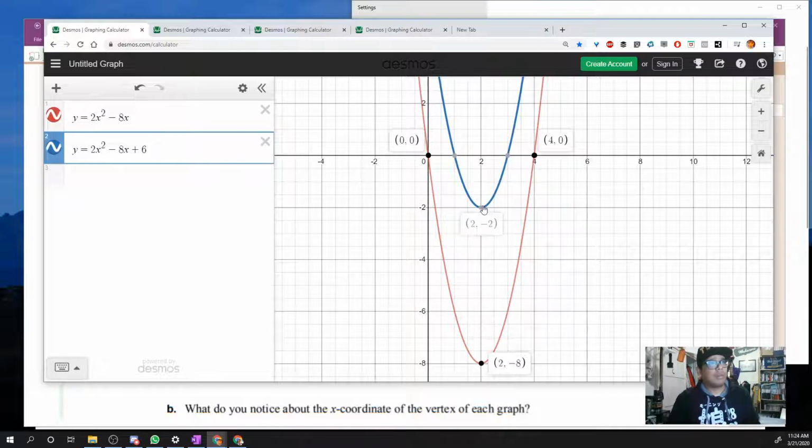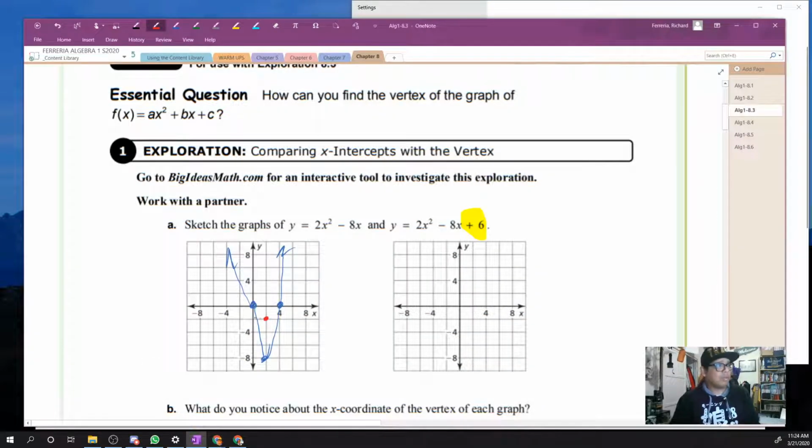Yes, 2, negative 2, and 1, 0, and 3, 0, which are kind of here and here, okay? Well, apparently I did something wrong because we were supposed to put the other one on that one. Sorry about that. I got excited and wanted to put them on the same curve.